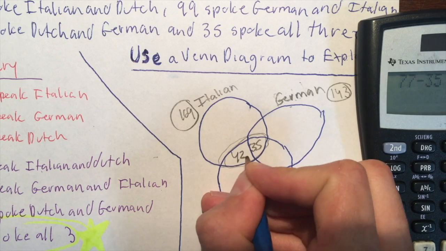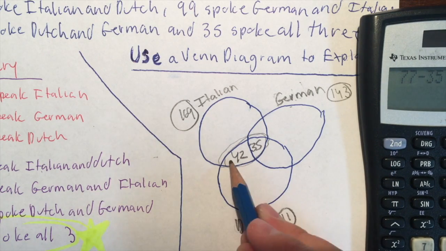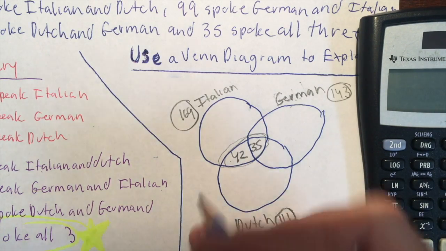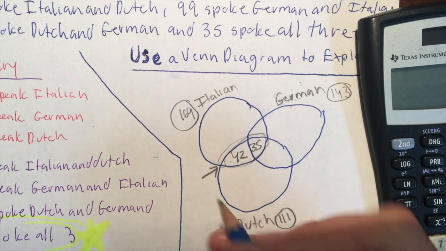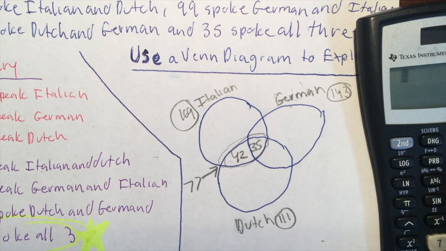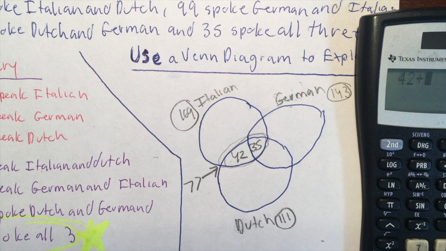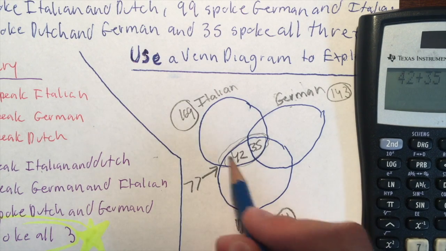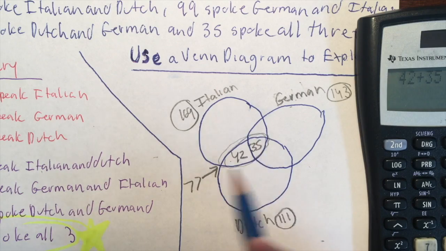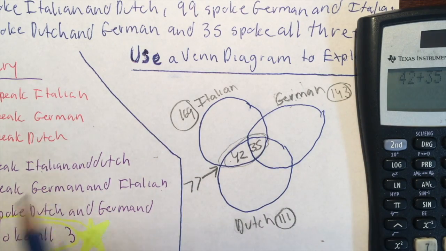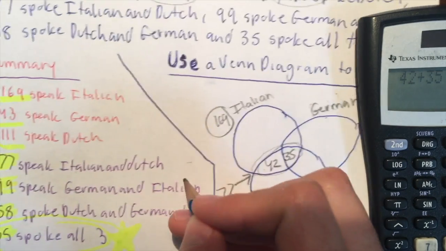So we know that this number in here is 42. To check, this has to equal 77, and let's see if it does. 42 plus 35 equals 77. So we got that part correct. All right, let's check it off.